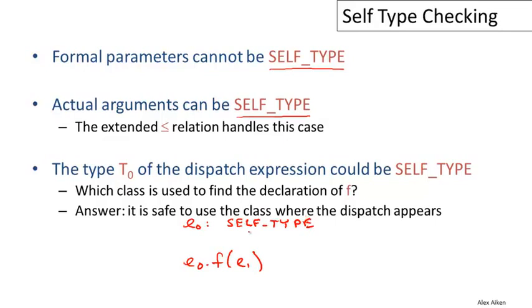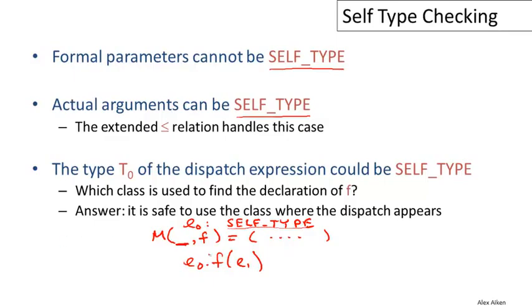The problem here is that we need to look up in the M environment, in the method environment, in some class, the signature of method f. We have to get back that type signature so that we can do the rest of the type checking. If E0 has type self-type, normally we use the type of E0 to do that lookup. What type do we use here?